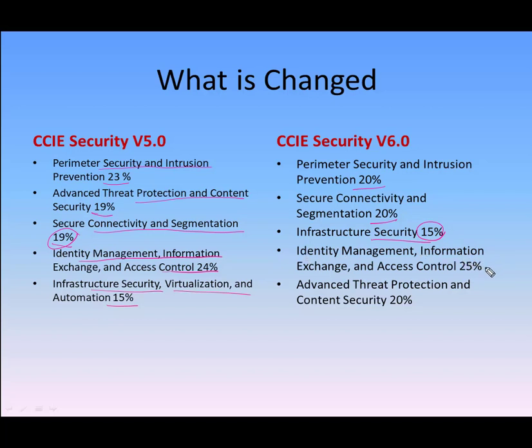Identity management, information exchange, and access control is a huge 25% section. And finally, advanced threat protection and content security was 24% in the previous version, and now it's 20%.